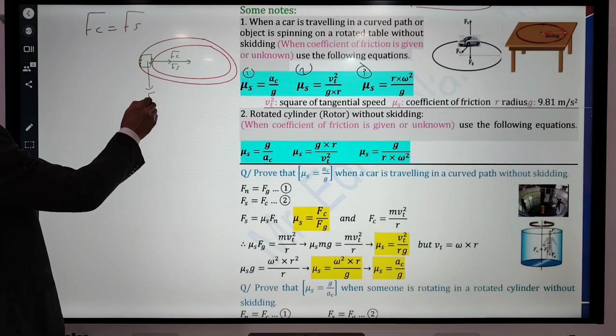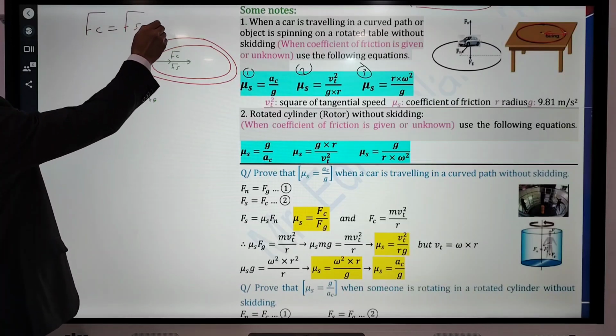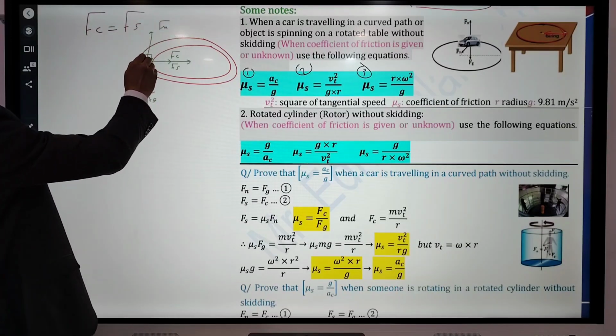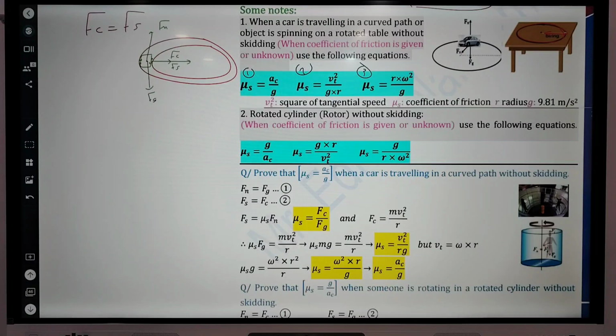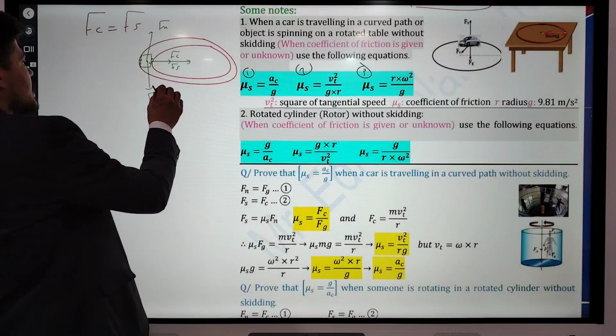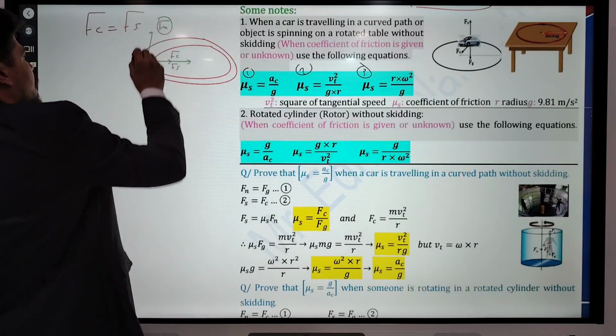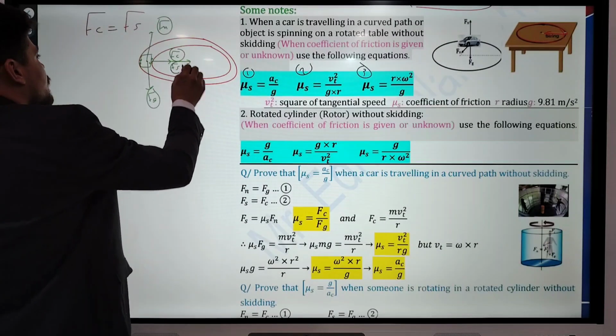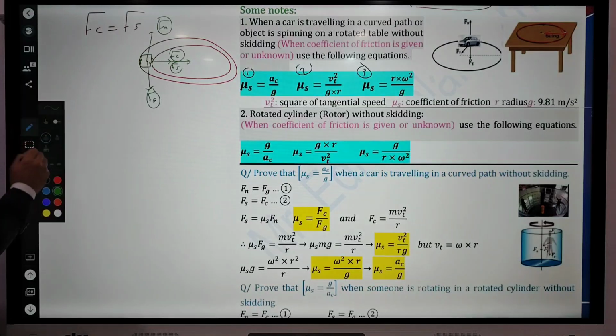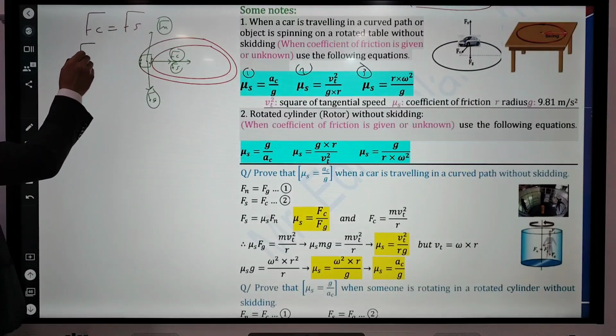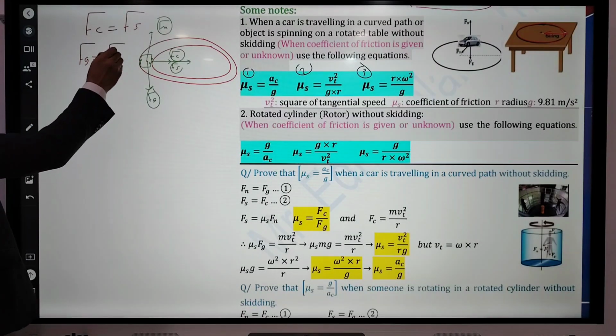But the gravitational force and the normal force are balanced to each other. These two forces balance to keep the car on the road. In that case, F_g is equal to F_n, and F_c is equal to F_s.